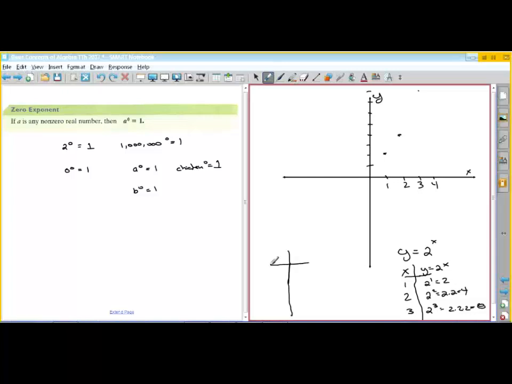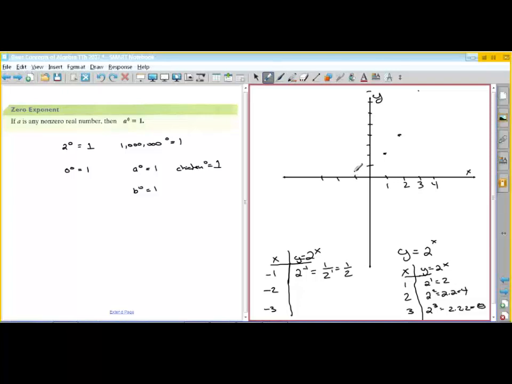So right now I'm limiting myself to natural number exponents. Now, what happens if I let x equal -1, -2 and -3 on the other side? So y is again 2 to the x, so it's 2 to the -1, but we have this new rule that says 2 to the -1 is 1 over 2 to the first power, which is equal to a half.